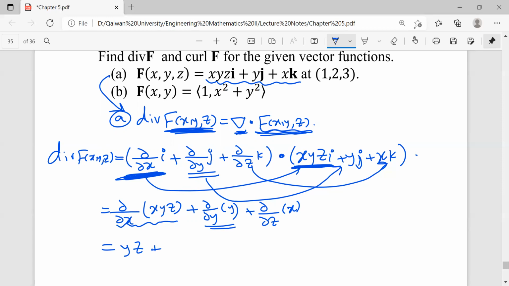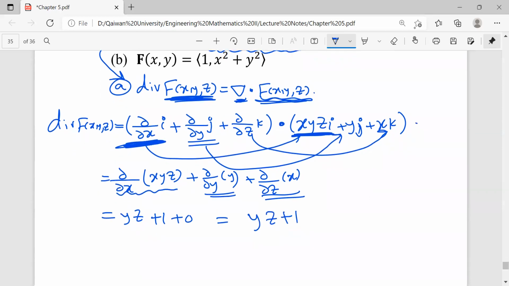For y, it's 1. And for the last one, it's 0, because there is no z in x. So the divergence of F at x, y, z equals yz plus 1.